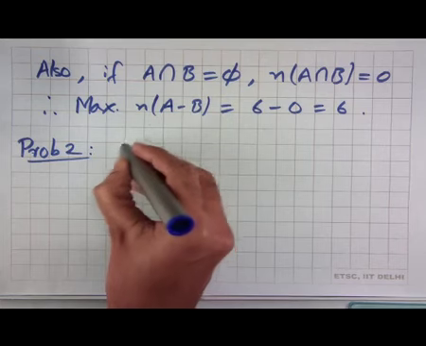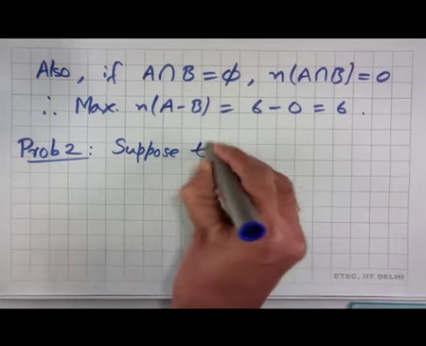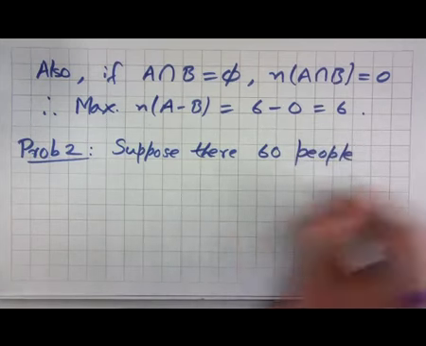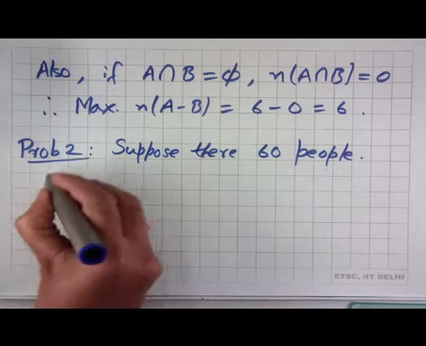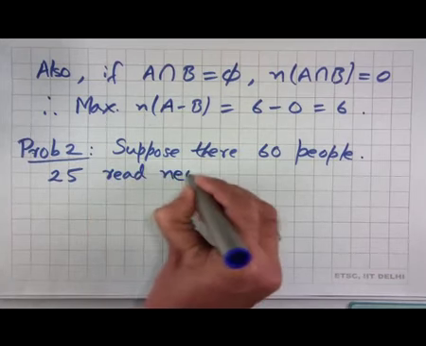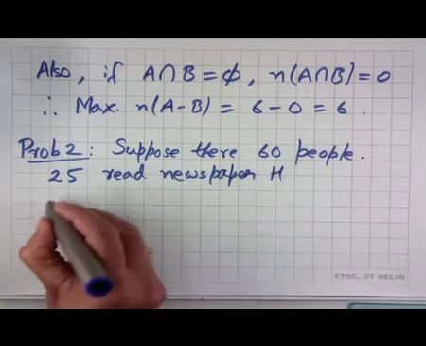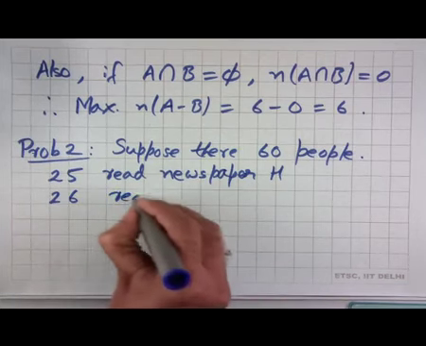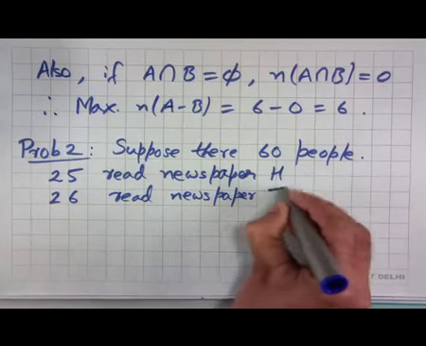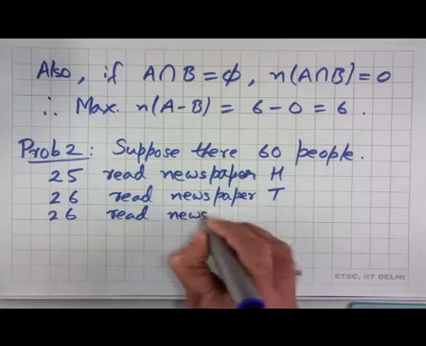So, suppose there are 60 people, out of these 25 read newspaper H, 26 read newspaper T, and another 26 read newspaper I.